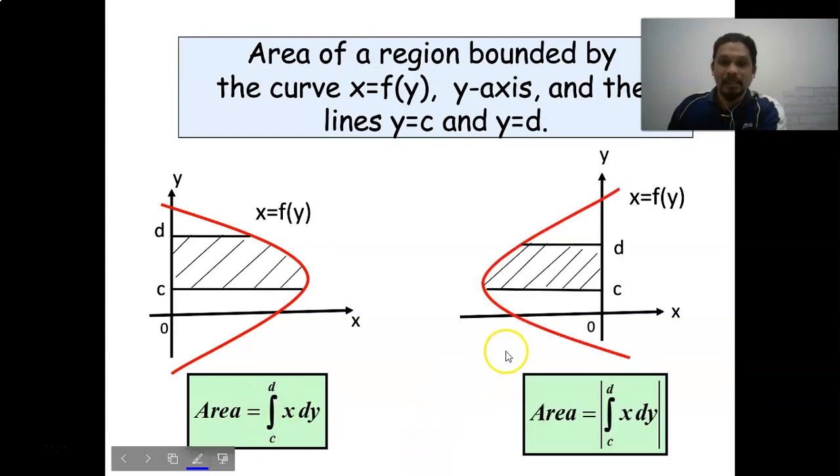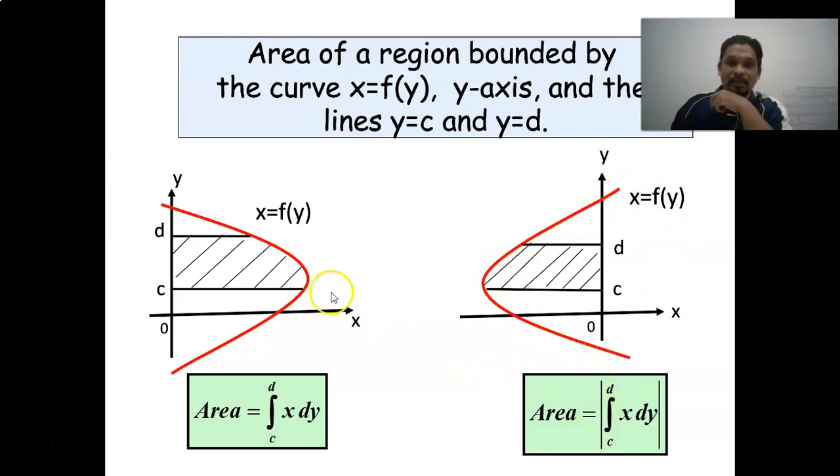Just like just now we talked about the area below the x-axis, now it is about the area on the left side of the y-axis. On the left side of the y-axis, the area will become negative, and this one is positive.